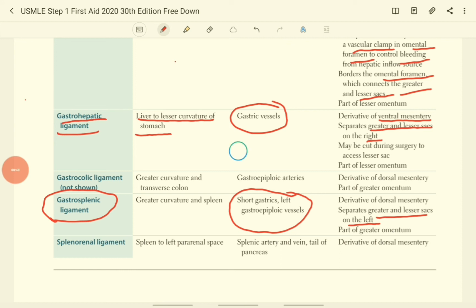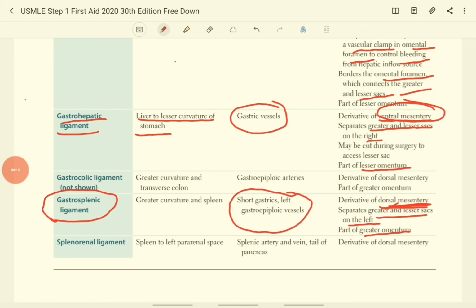This is a part of the lesser omentum, which is the gastrohepatic ligament, and here we have a part of the greater omentum. One thing we have to notice is that the gastrosplenic ligament is a derivative of the dorsal mesentery, and the gastrohepatic ligament is derived from the ventral mesentery.